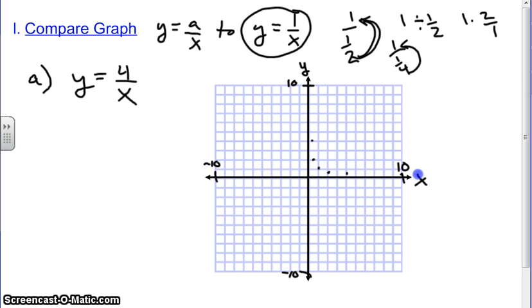So it's approaching that axis but never crossing it. It should look like a C shape with arrows on both ends. And then if we plug in the opposites, -1, we get -1 and so on. So that's our parent. That's what we're comparing to.